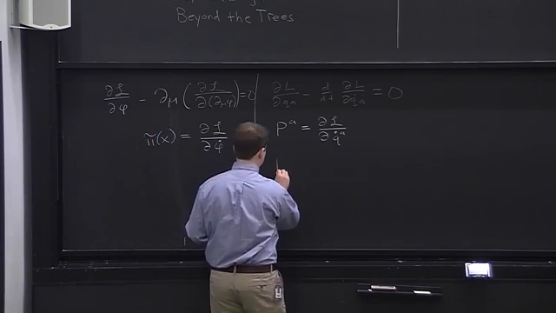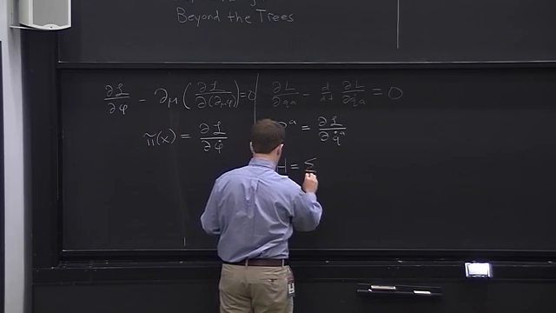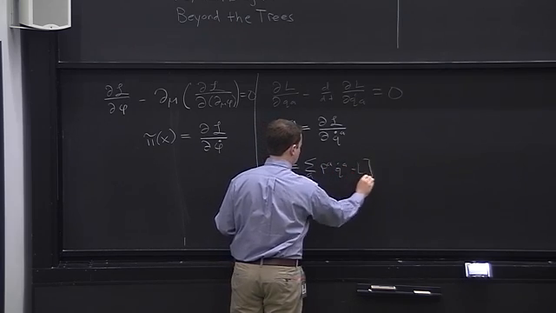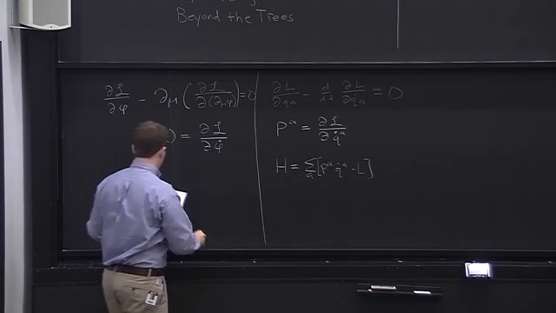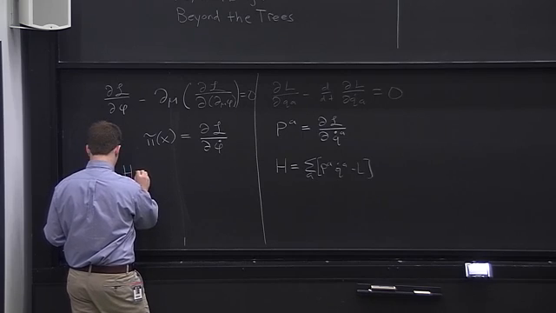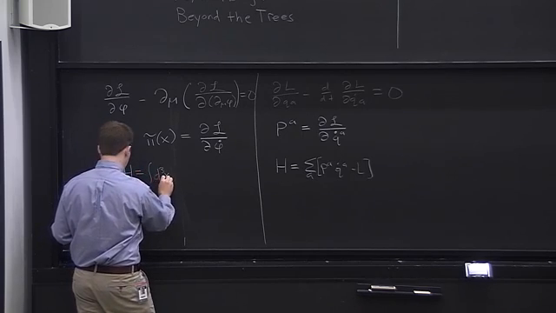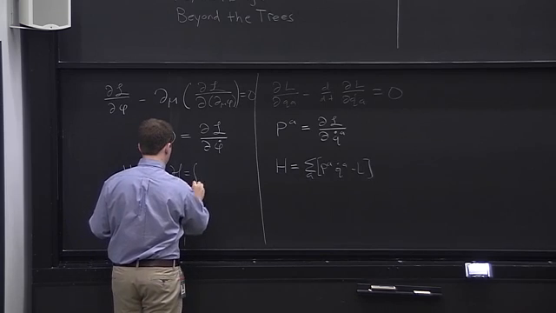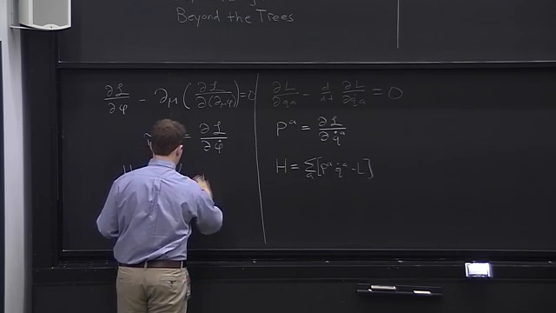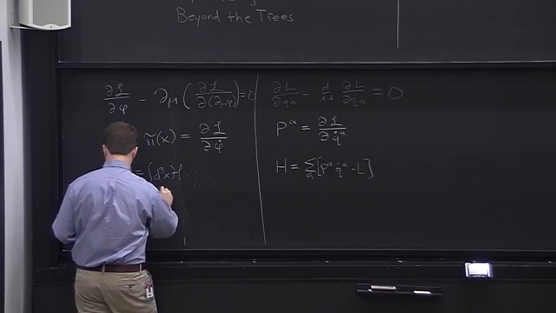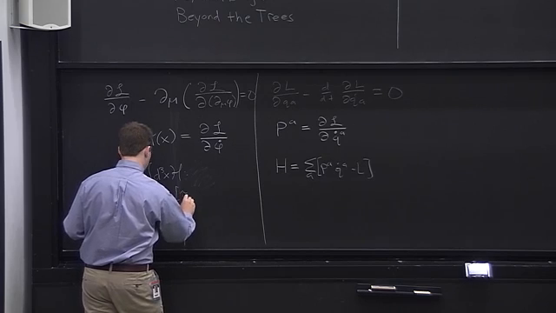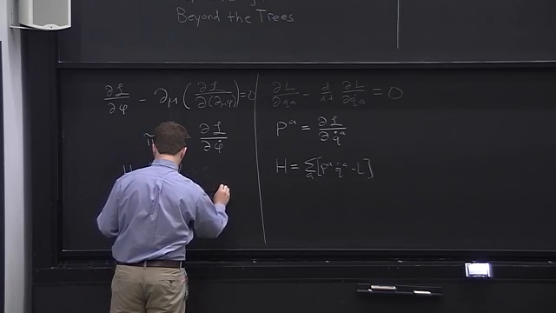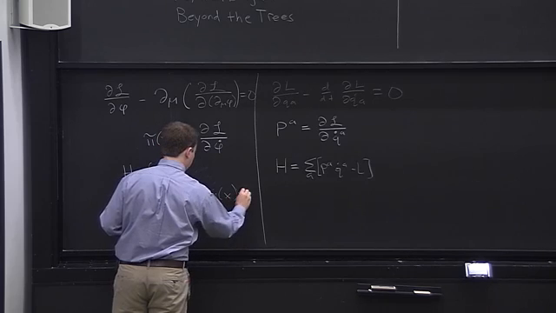And the Hamiltonian is the sum of p_a q_a dot minus L. On the field theory side, we can write this as the integral of the Hamiltonian density, which is the integral of pi of x, phi dot of x minus L.